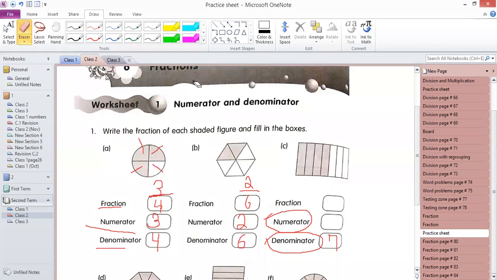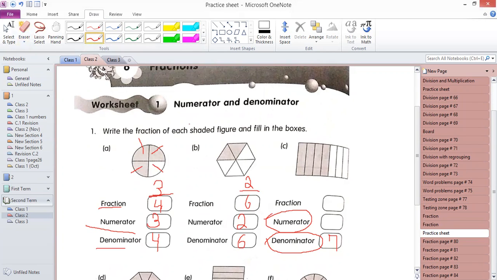No, Hamza. Numerator. 4. Why 4? Because I counted 1, 2, 3, 4. You counted the shaded, yes.